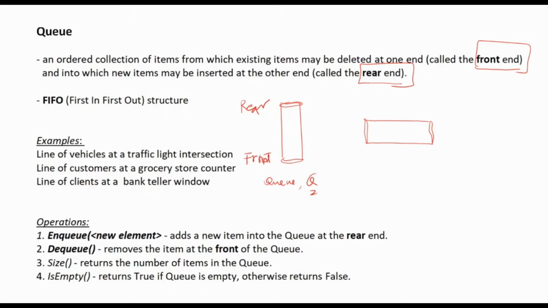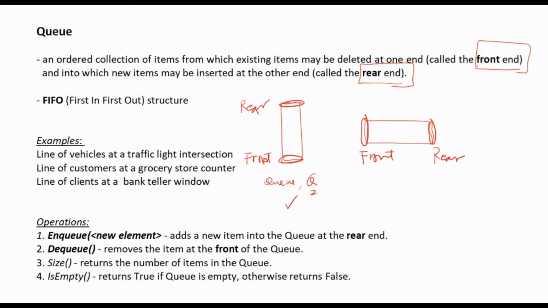Or you could also represent a queue horizontally. Say this is the rear end, and this end here is the front end. Or if you represent it vertically, this one is the front end and this is the rear end. So say for example, we represent it vertically like this one.